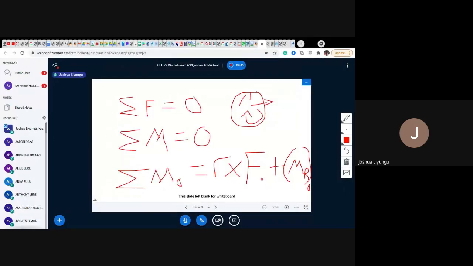Apart from that, we mentioned the realization, the modeling itself. How do we model a force, or how do we model a system looking at its supports? We mentioned a roller, a rocker, a surface where there is no friction.